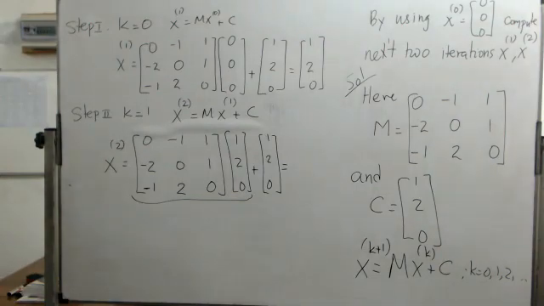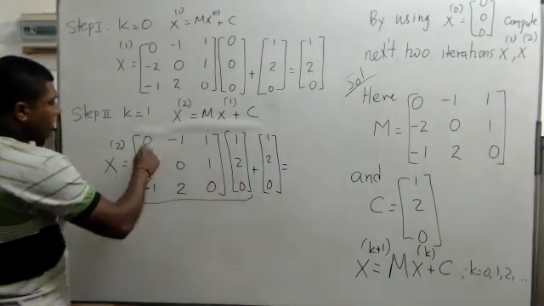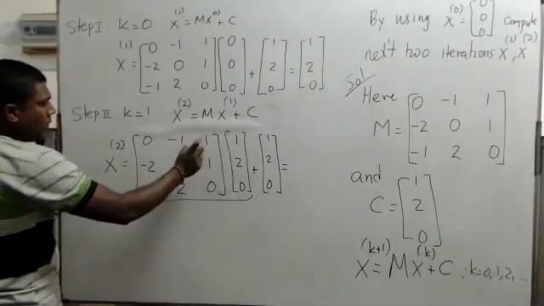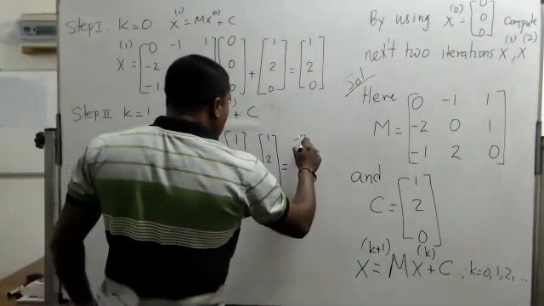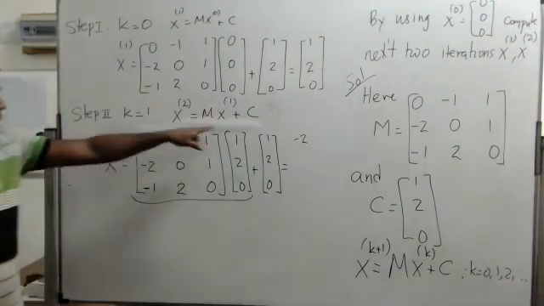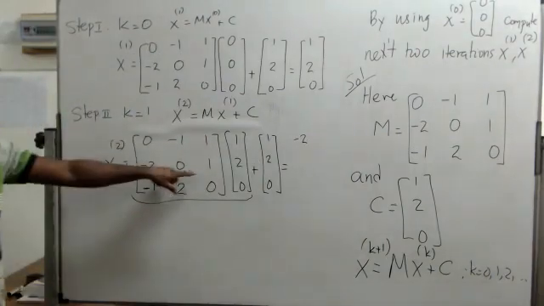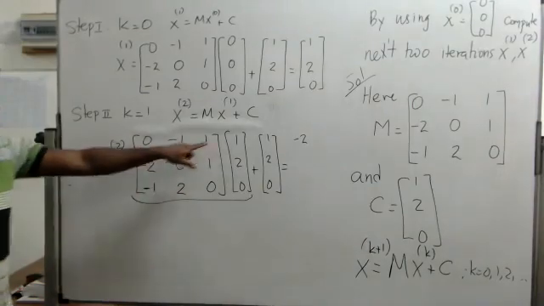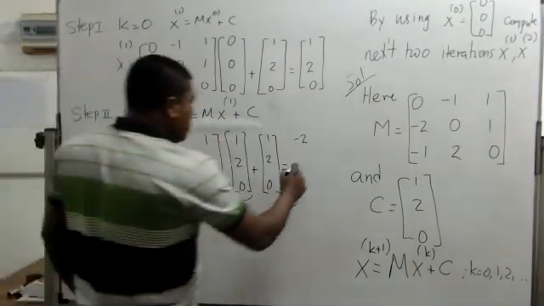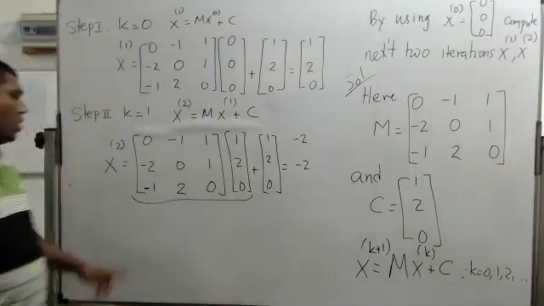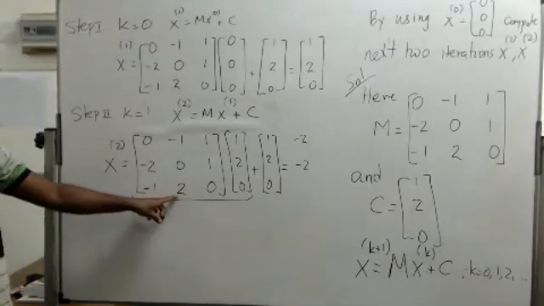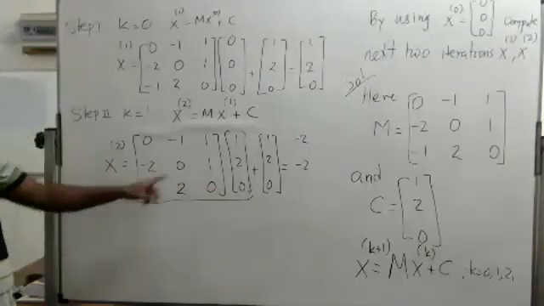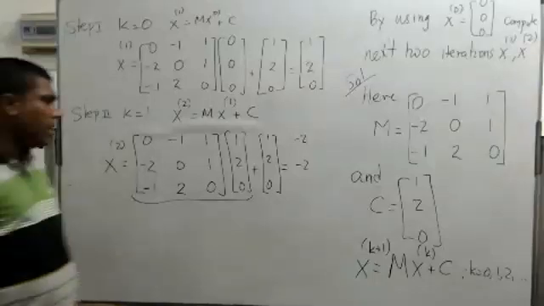If you multiply, then minus 1 times 2, 0 times 1, plus minus 1 times 2, plus 1 times 0. You multiply and add them together. So obviously you get minus 2. This row by column gives minus 2. Now this row by column, again minus 2 times 1, that is minus 2. And again this row by this, minus 1, 2, 0, so minus 1 plus 4 is 3.